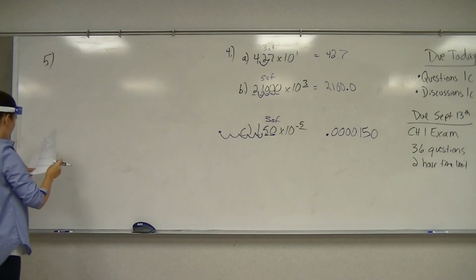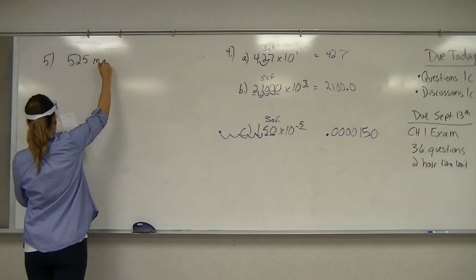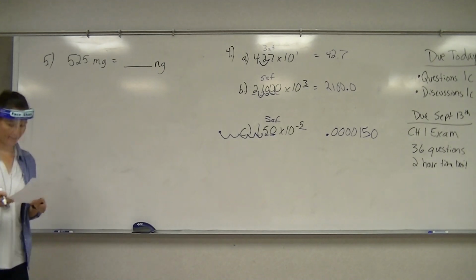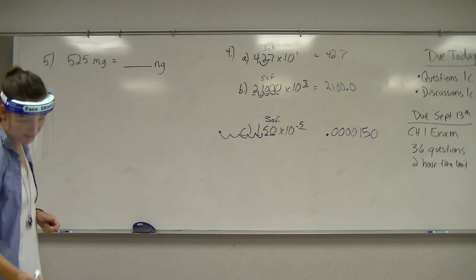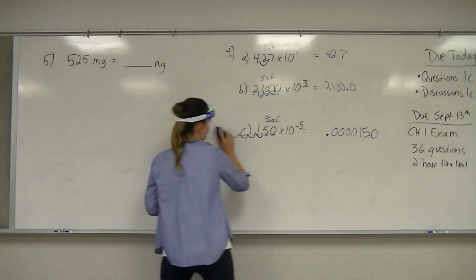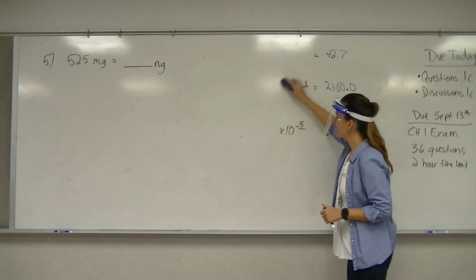All right, we're going to do 525. We're going to do the following conversions and give answers in the space provided. Whenever you're approaching a conversion problem, look and see what type it is.